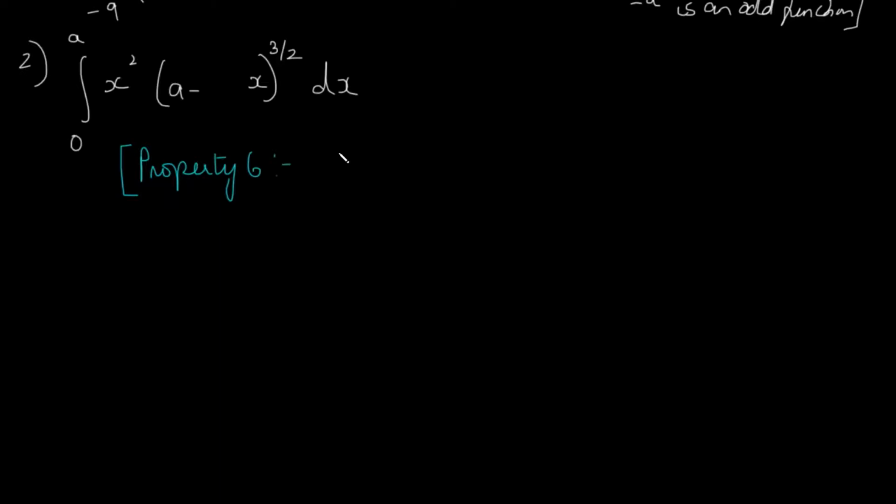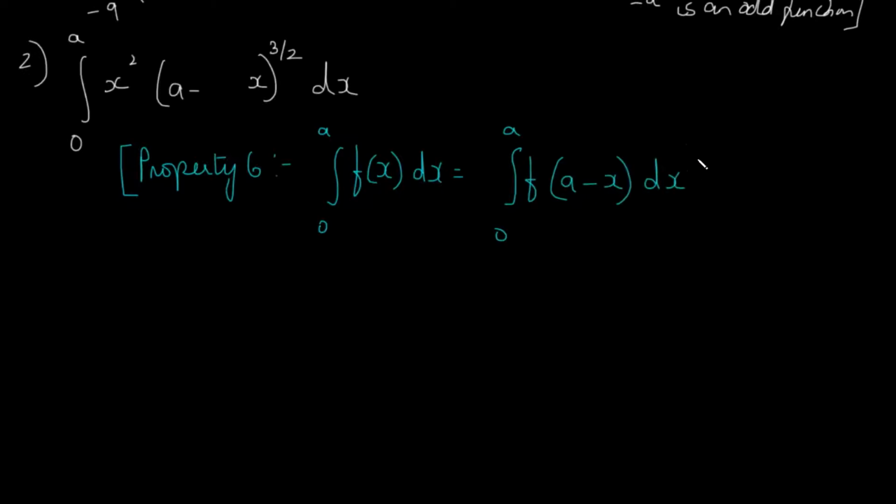Property 6 says that if the integral is of this type, 0 to a f(x) dx, then it can be written as the integral 0 to a f(a minus x) dx. So let us put a minus x wherever there is x in our question.